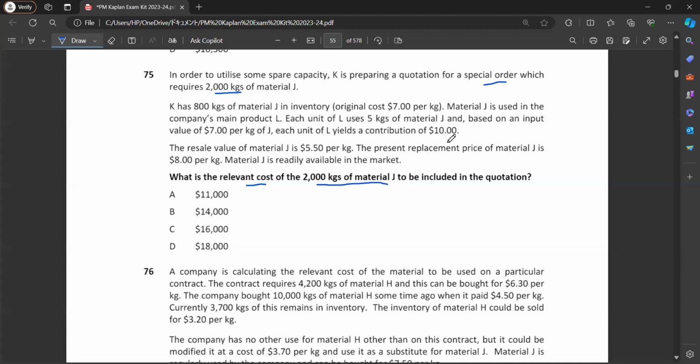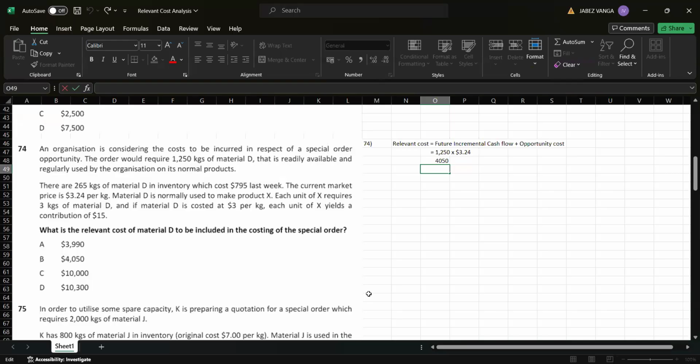The present replacement price of material J is $8 per kg. Material J is readily available in the market. So now we have to find out the relevant cost of 2,000 kgs of material J. So let's quickly go to the Excel sheet and present the solution there.